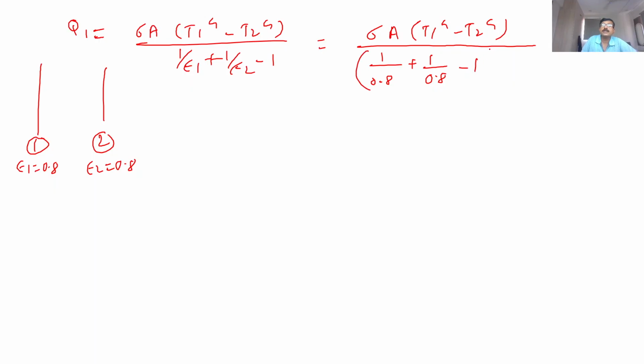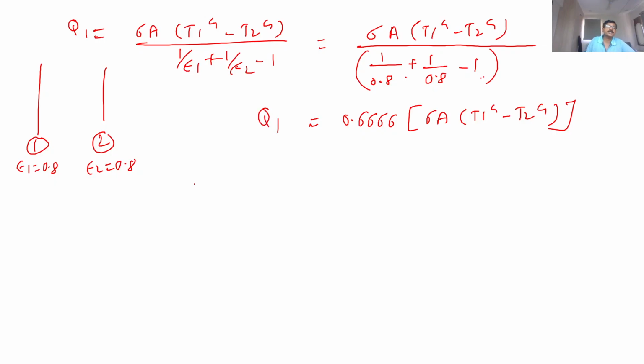If I calculate this bracket and take its reciprocal, I will get 0.6666 times sigma A (T1 raised to 4 minus T2 raised to 4). This is your heat transfer rate without shield.